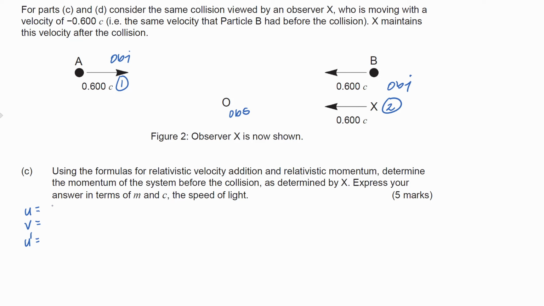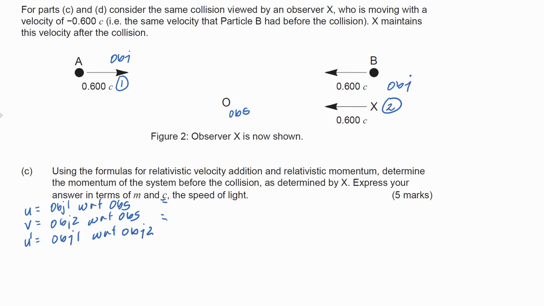So I've got U, V and U dash. U is object 1 with respect to the observer. V is object 2 with respect to the observer. And U dash is object 1 with respect to object 2.